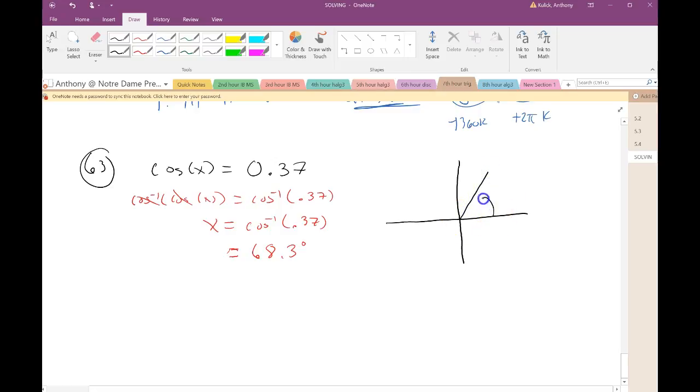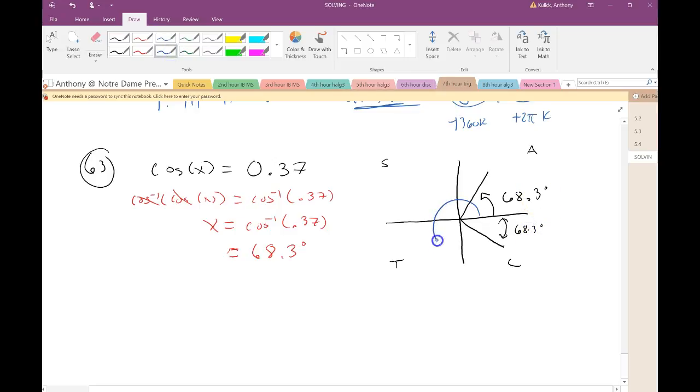So here is one of our answers, right? But I know that all silly turtles crawl. So cosine is also positive in the fourth quadrant. And I know that this distance is 68.3 degrees.